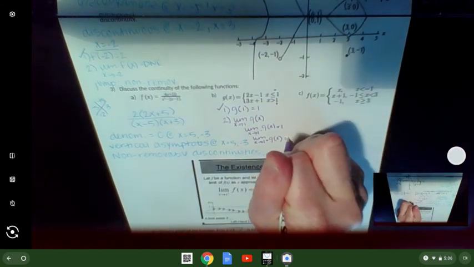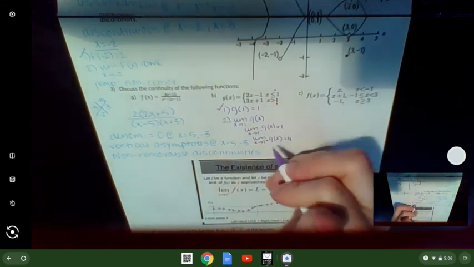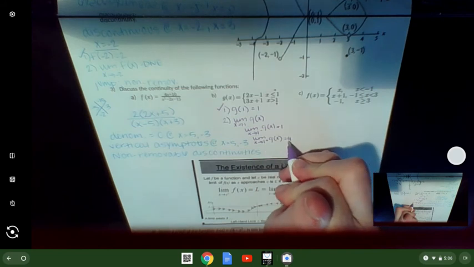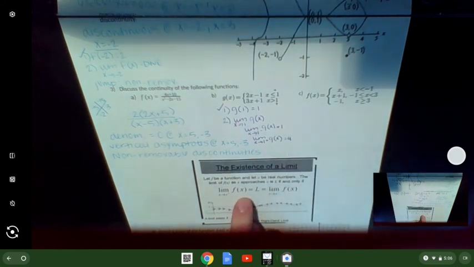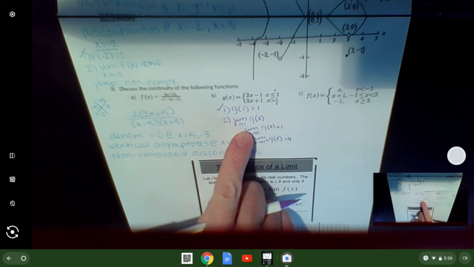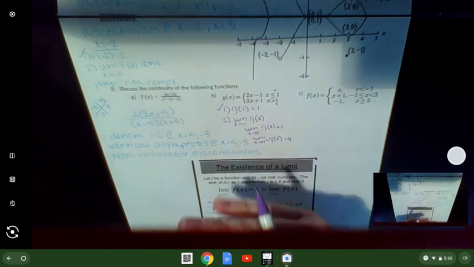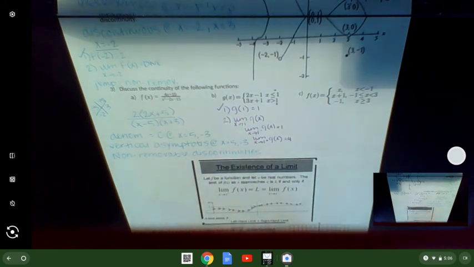The limit as we approach 1 from the right is 4. Well, the left-handed limit and right-handed limit are not the limit. They're just helping us find the limit. In order for the limit L to exist, the left and right-handed limits must be the same.